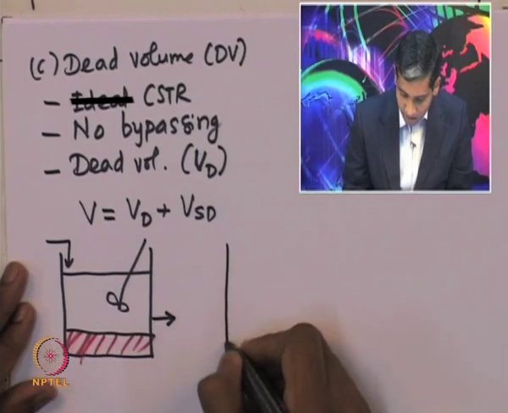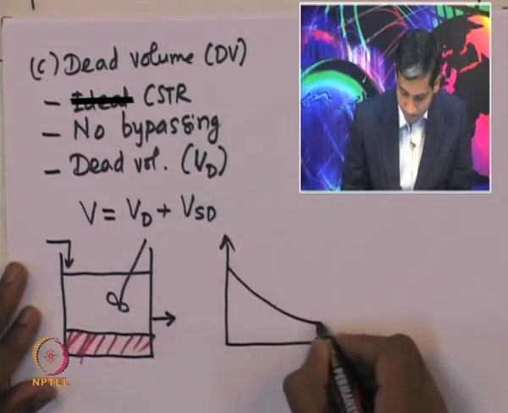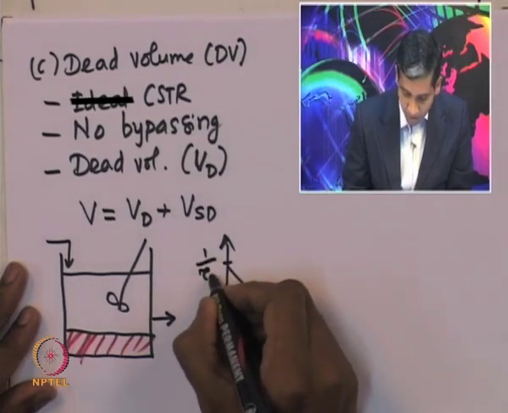So, the E curve for this particular situation would look like it starts at 1 by tau S d.